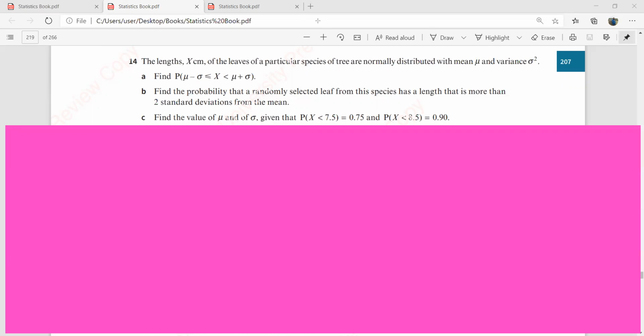Let me finish off this solution here. It says the probability x is less than 7.5 is 0.75, and the probability x is less than 8.5 is 0.90.